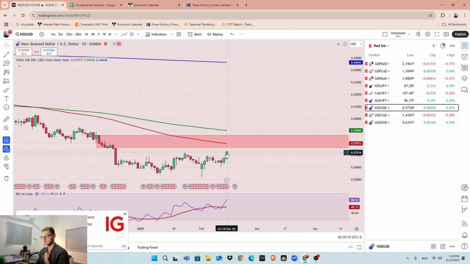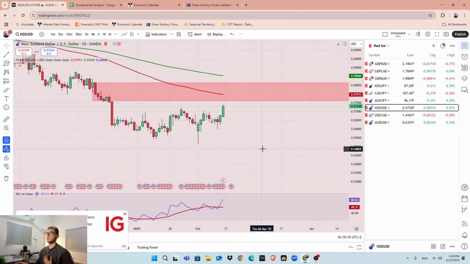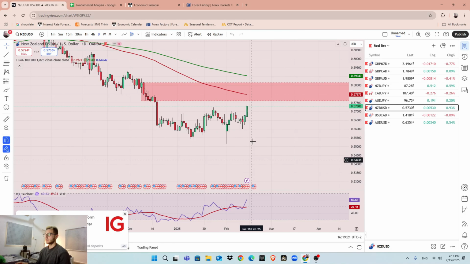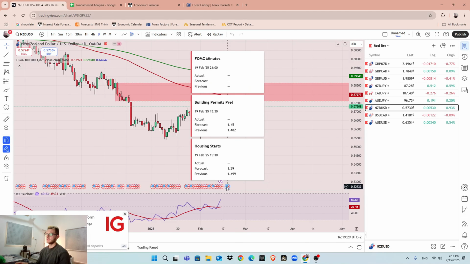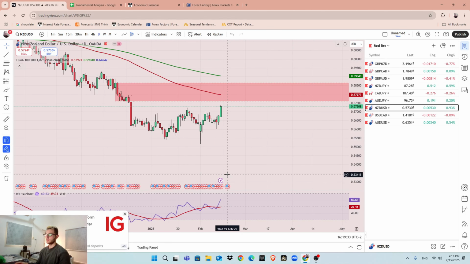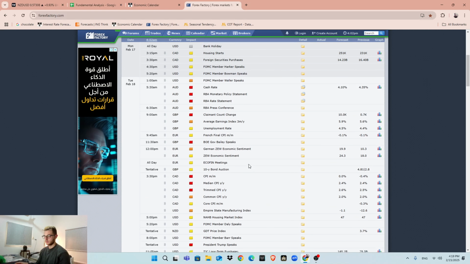NZD USD, just a little bit push to the upside, and hopefully we will get some good data to support going to the downside, a sell position. And this data will be on Wednesday. Let's see if there is another data coming for the US dollar.